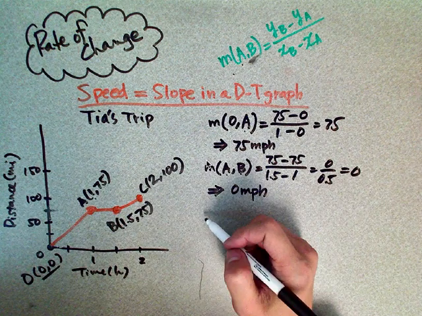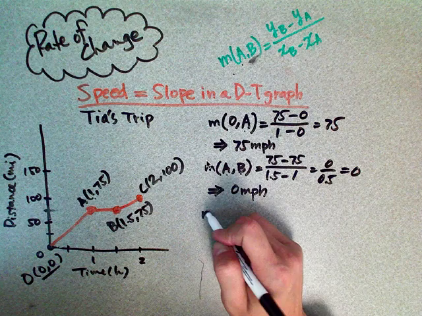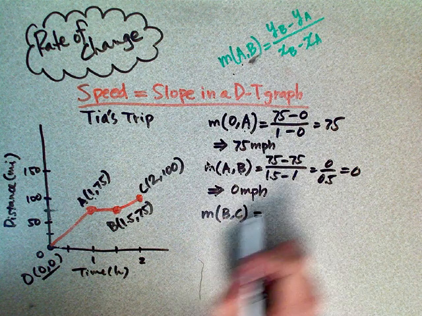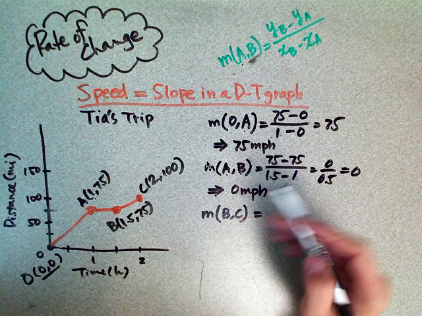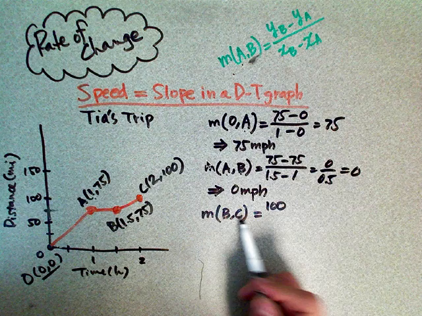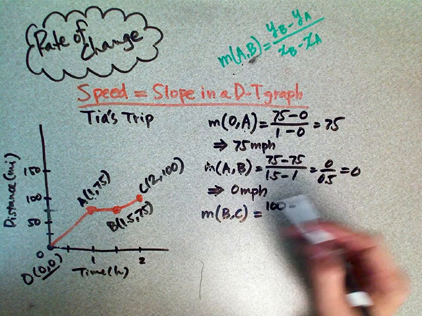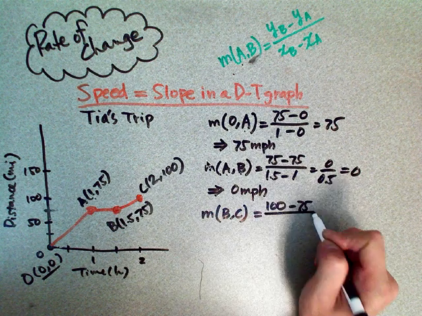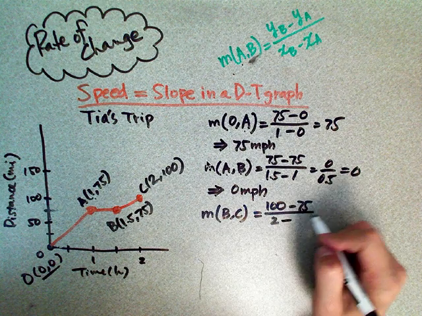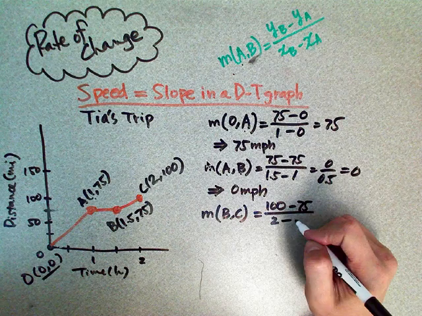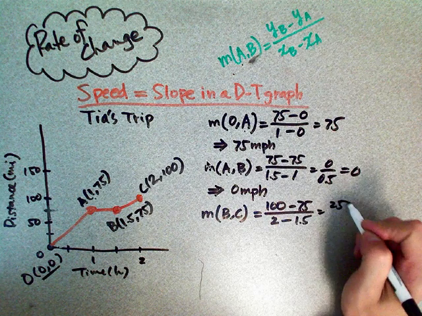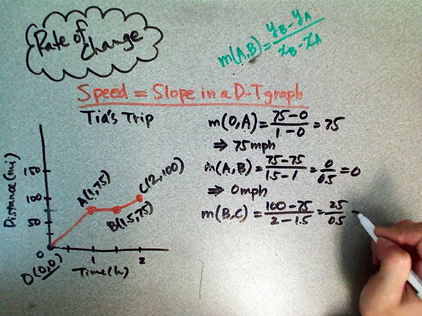Now, finally, let's find out the slope between points B and C. We're going to look at 100, because that's the y coordinate of point C, minus the y coordinate of point B, all over the x coordinate of point C minus the x coordinate of point B, which is going to be 25 over half, which is 50.